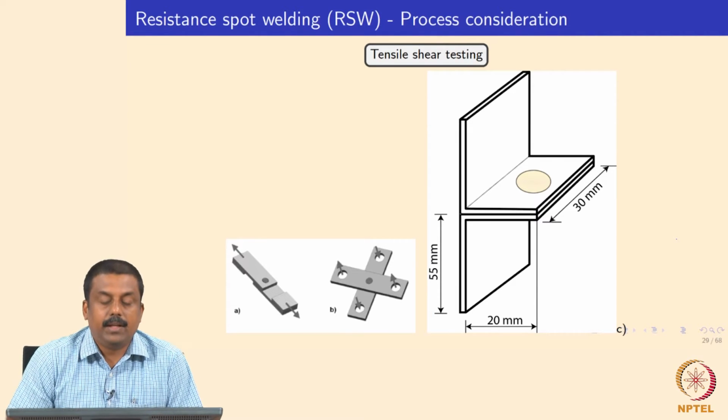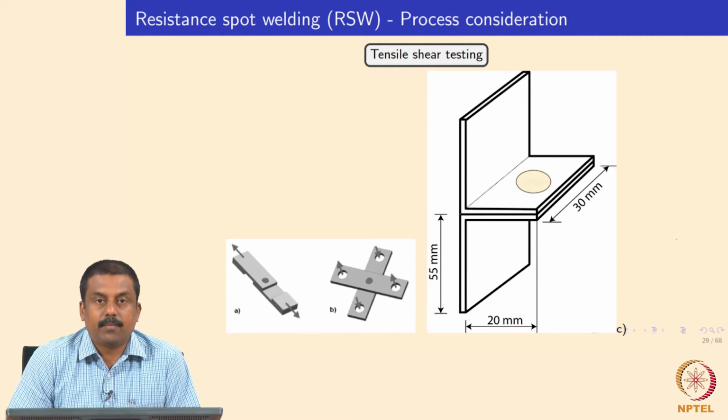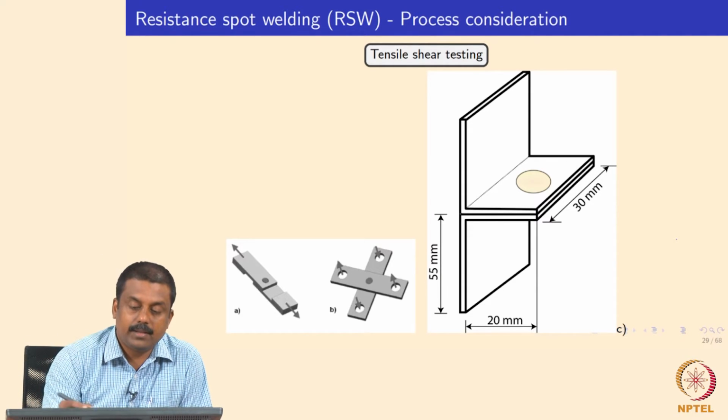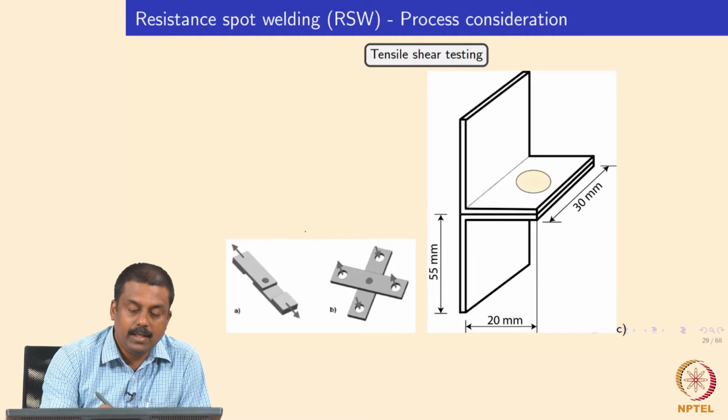The most common testing methods we use for resistance spot welding in automotive industries to identify the weldability or the strength of the welds are the tests I explained here. This is the cross tension test.